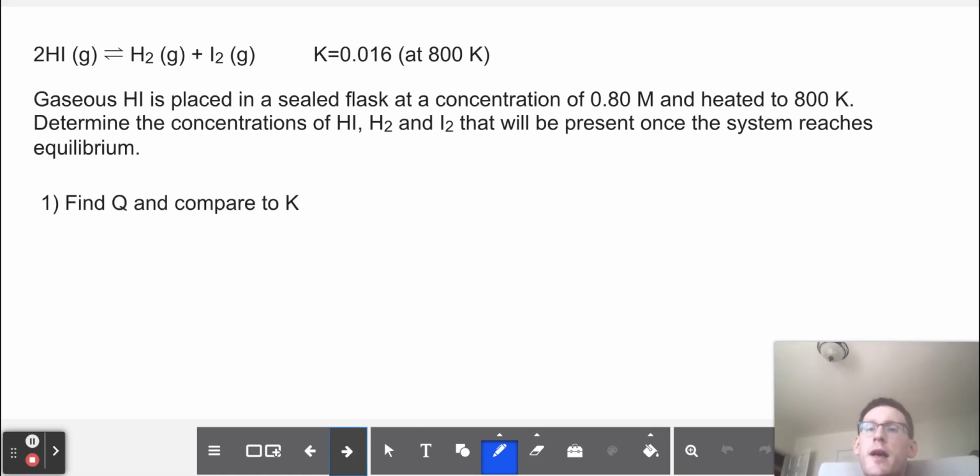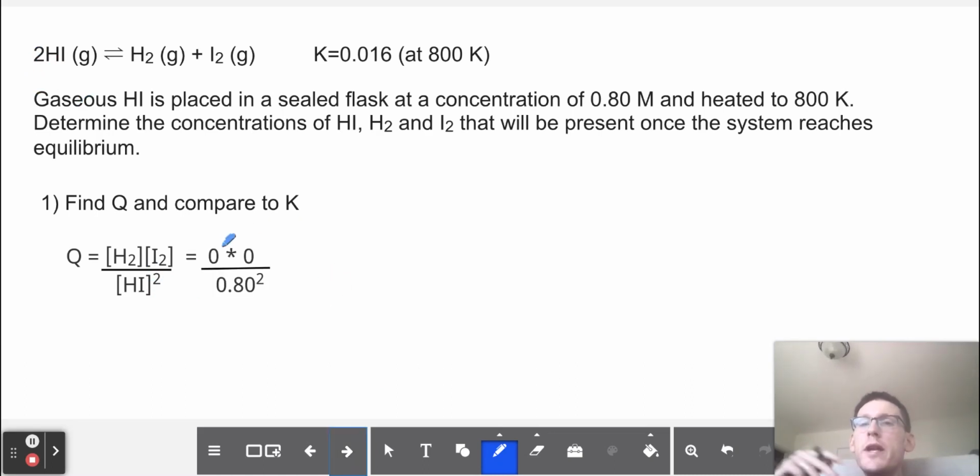So initially, we have to find Q, and we'll compare that to K to determine the direction that the reaction will proceed in. And Q is solved for in the same way that K is. We have Q is equal to the products over the reactants. And since there are no solids and liquids, we just use the H2 times I2 concentration divided by the square of the HI, because there's a 2 here, that's why it's squared.